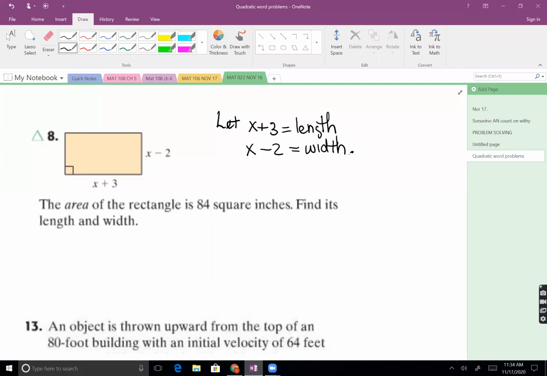Now, I'm going to go on the assumption that this is not the first math class that you folks have ever taken. So can somebody help me remember how to find the area of a rectangle? Anybody remember?